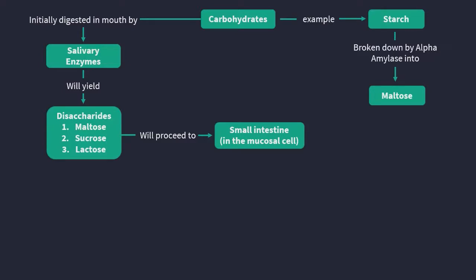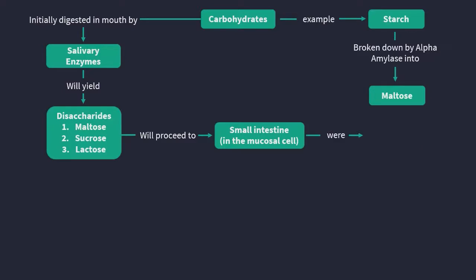What happens in the stomach is that these disaccharides will not be affected so much, because in the stomach there is only mechanical digestion along with the gastric juices. So the most important digestion before absorption happens in the small intestine, specifically in the mucosal cell.